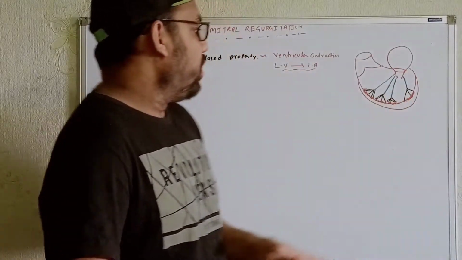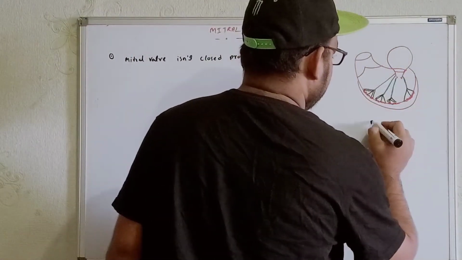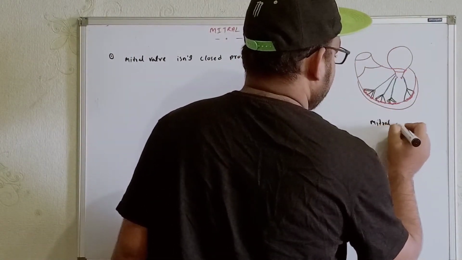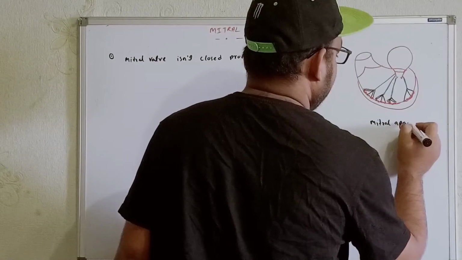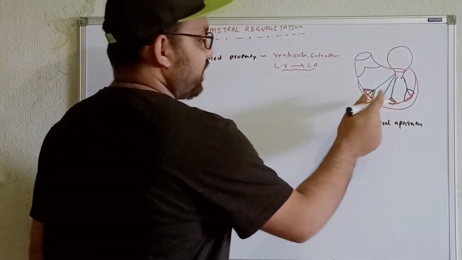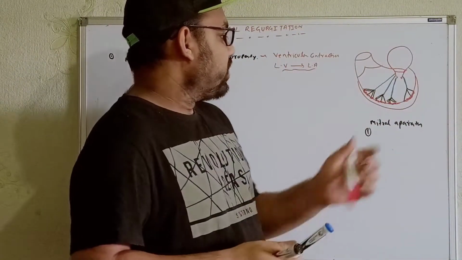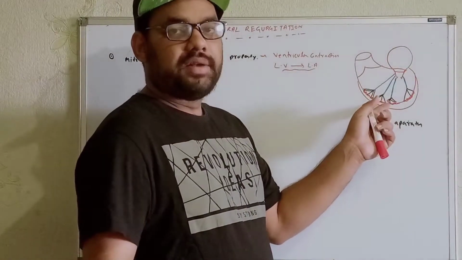So we can write it over here: what do we mean by mitral apparatus? First, the myocardium part, where the papillary muscles are attached.